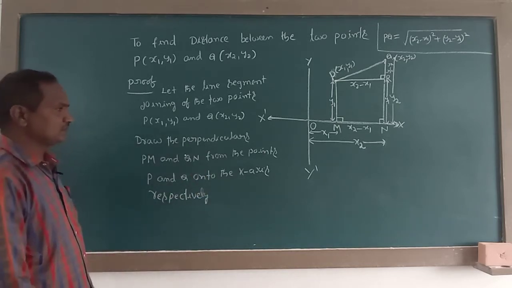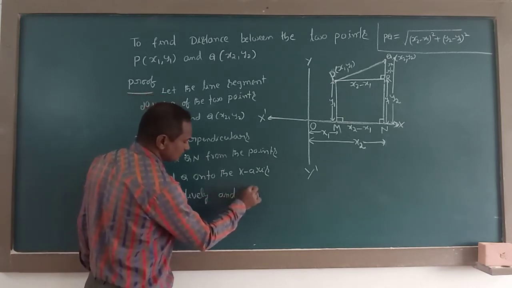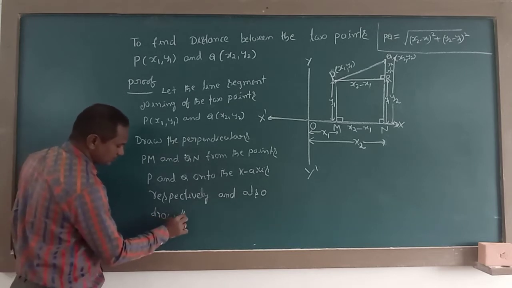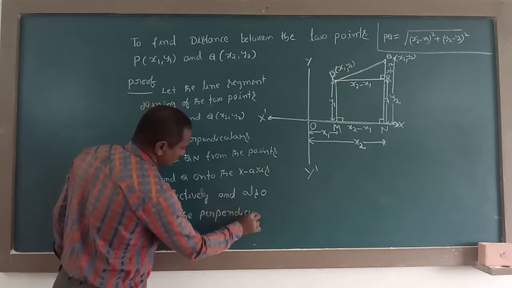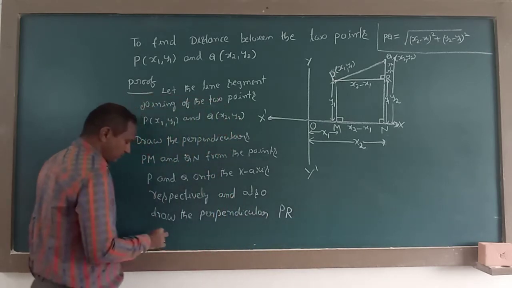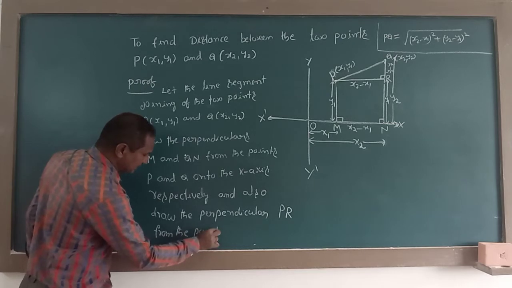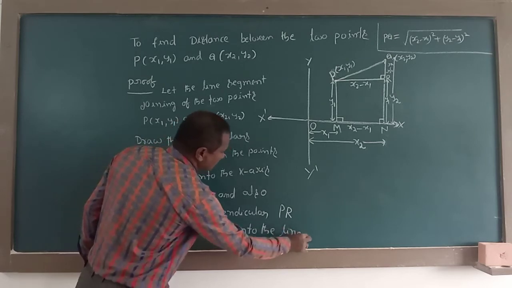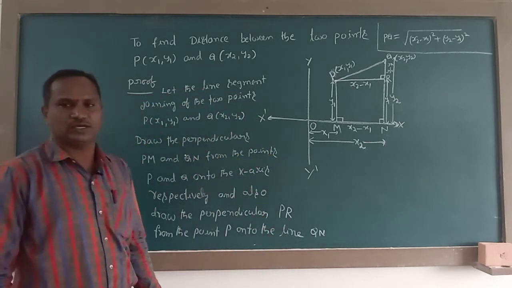Next, also draw the perpendicular PR from the point P onto the line QN here.